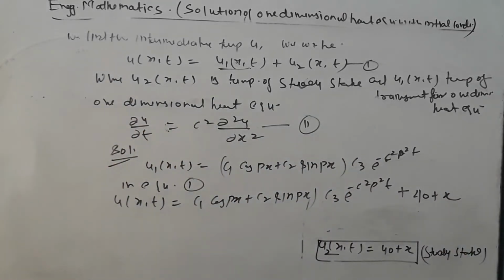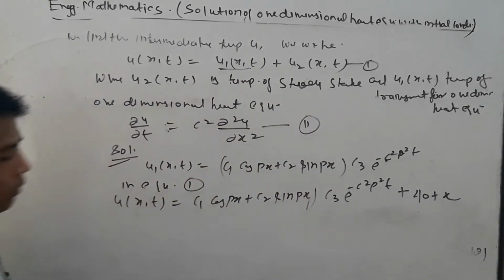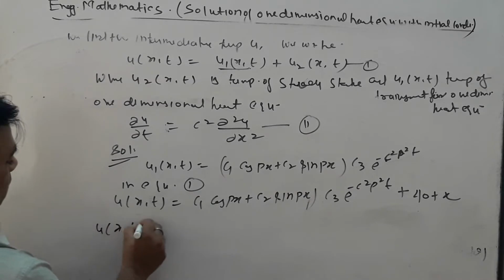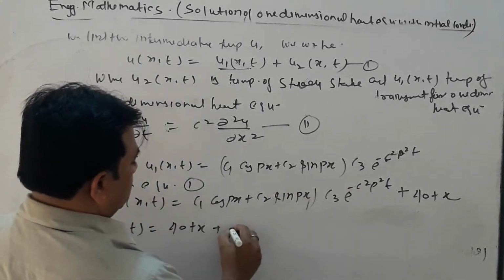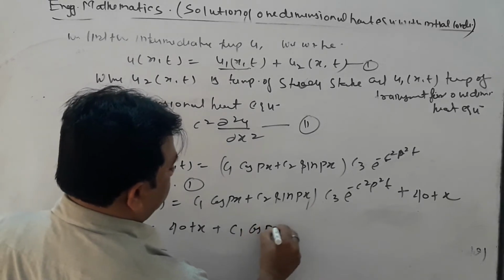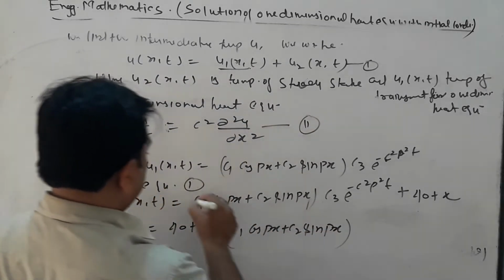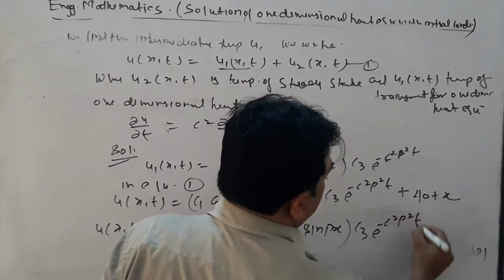So we write the complete solution of this partial differential equation in the form u(x, t) equal to 40 plus x plus (c1 cos px plus c2 sin px) c3 e to the power minus c square p square t.